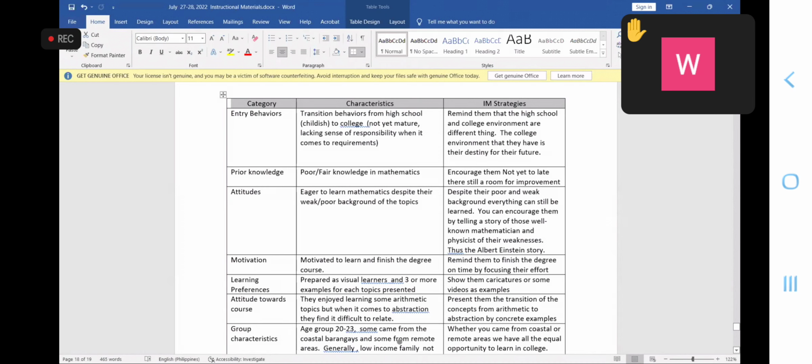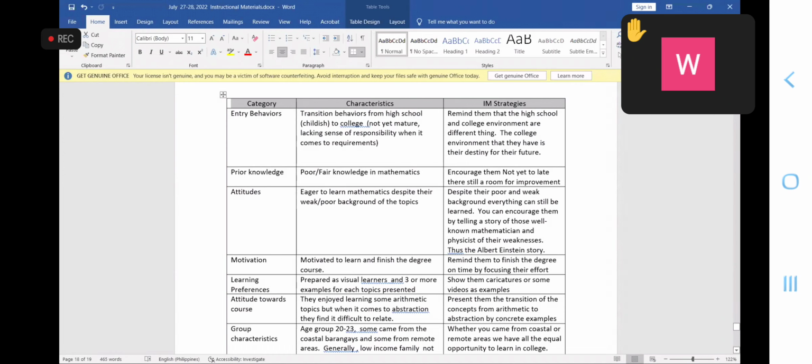Prior knowledge: some of my students, based on my experience, have poor or fair knowledge in mathematics. So I encourage them, it is not yet too late, there is still room for improvement. Attitudes: eager to learn mathematics despite their weak or poor background of the topics. Despite their poor and weak background, everything can still be learned.